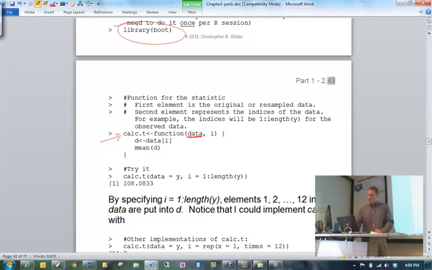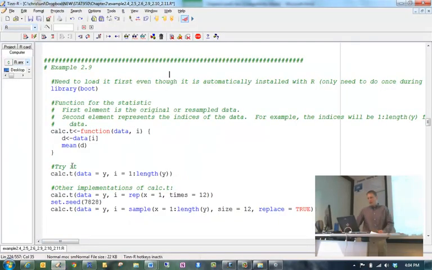Now, since we're using the non-parametric bootstrap, we also have to add a second argument, which you typically just denote as i, meaning i for index. So you can think of how that might be useful when we are calculating our statistic based upon resamples. Let me go on over here to do this.